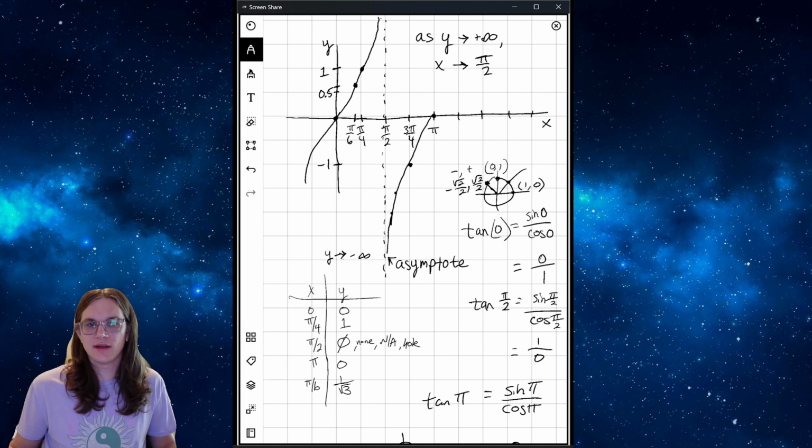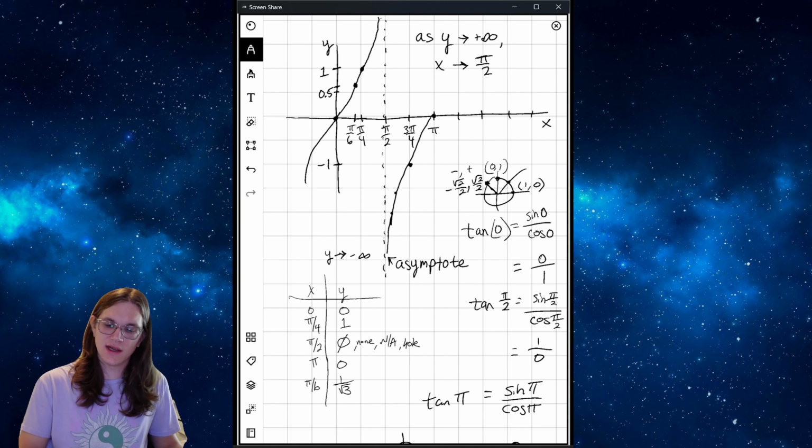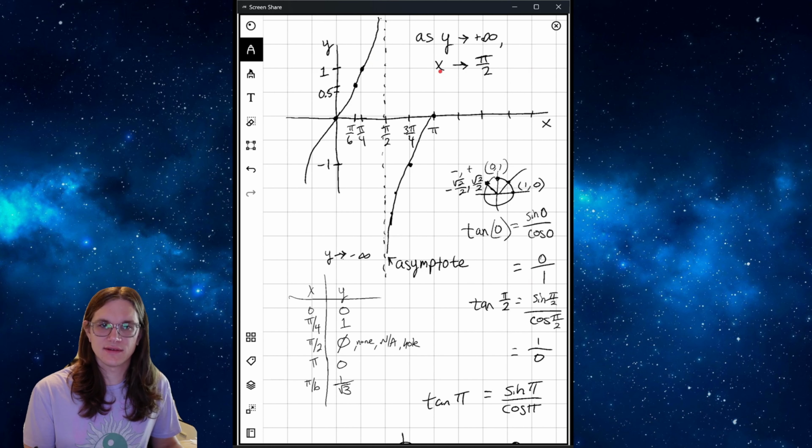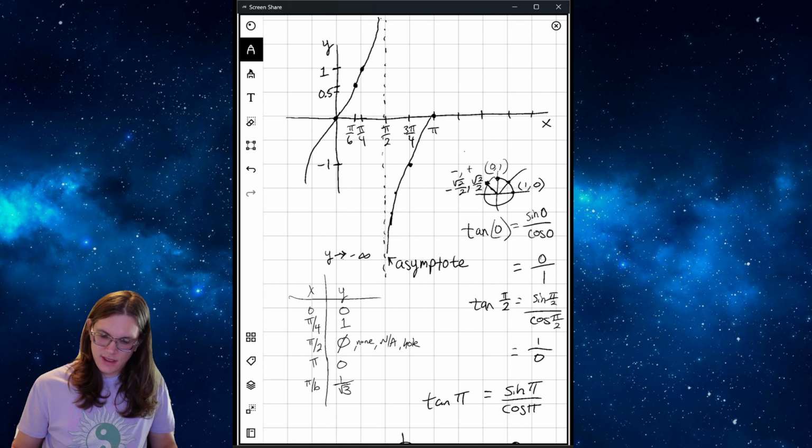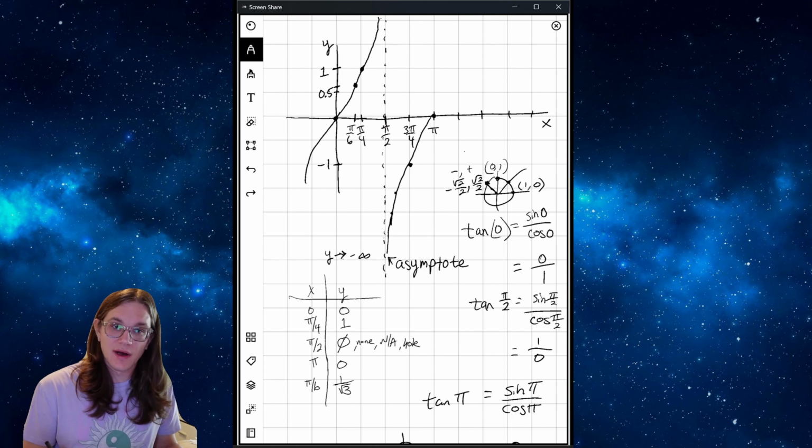That's the formal way, because you don't put an equal sign between a variable and infinity. You just say, as y goes this way, x continues to go toward pi over 2, but neither of these ever happen. You don't get to infinity, and y doesn't exist for the x value pi over 2. And so we have the asymptote at pi over 2.